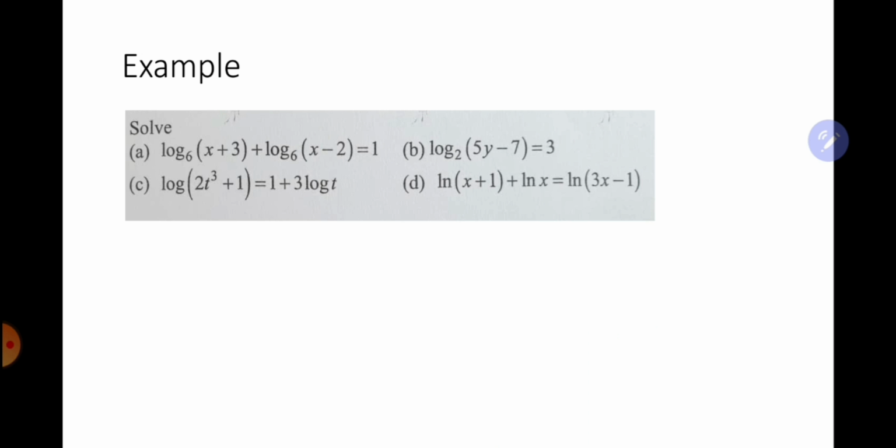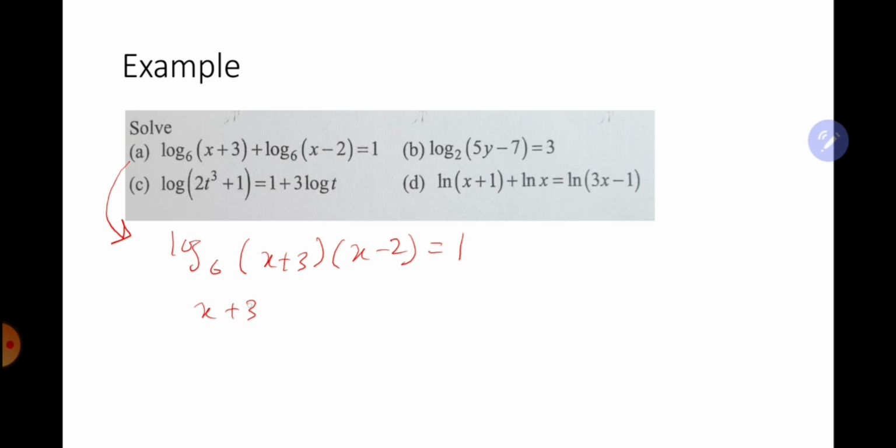Let's look at a few more examples. For this one we have log base 6 of x plus 3 plus log base 6 of x minus 2, the bases are all 6. We can rewrite this by multiplying, so log base 6 of x plus 3 times x minus 2 equals 1.